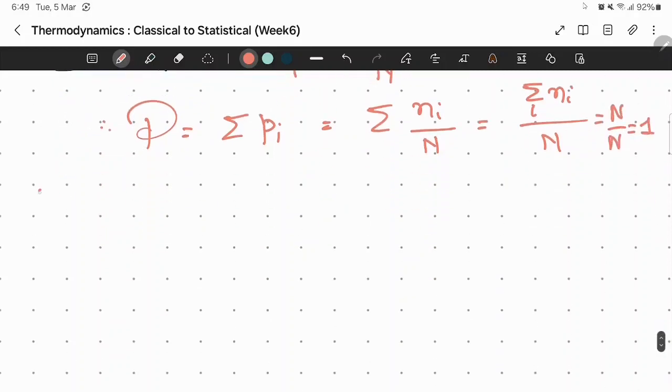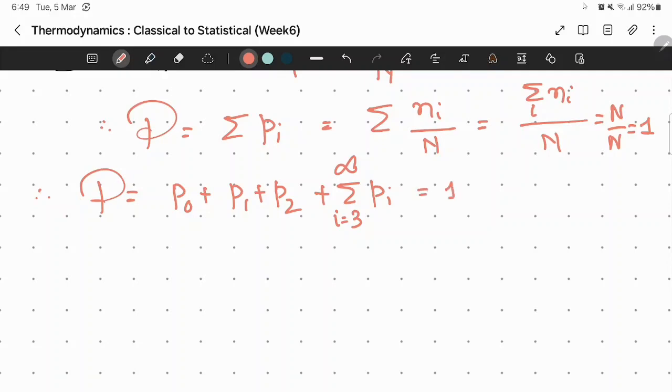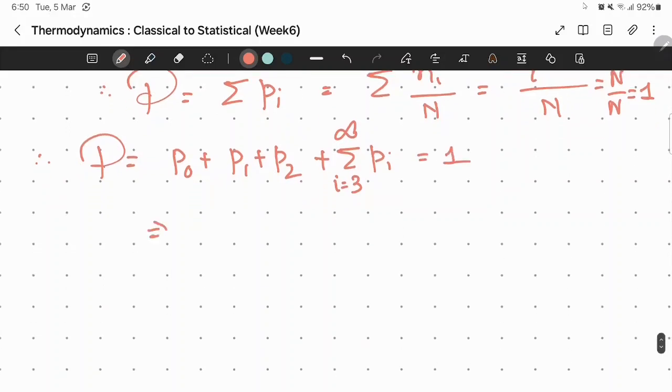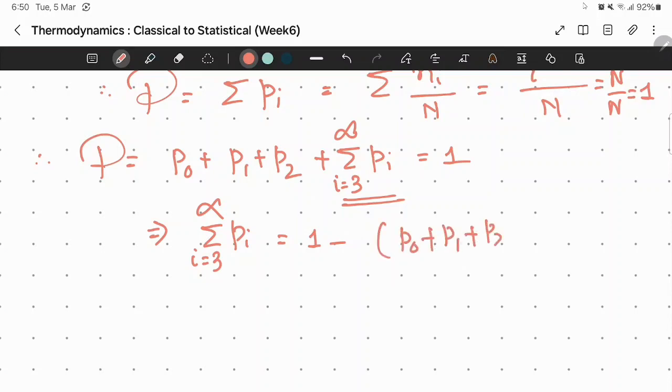So if this is the case, we can write P equals P0 plus P1 plus P2 plus the sum of Pi, i equals 3 to infinity, and it is 1. So this we have to find out. So it will be the sum over Pi for i from 3 to infinity equals 1 minus (P0 plus P1 plus P2).